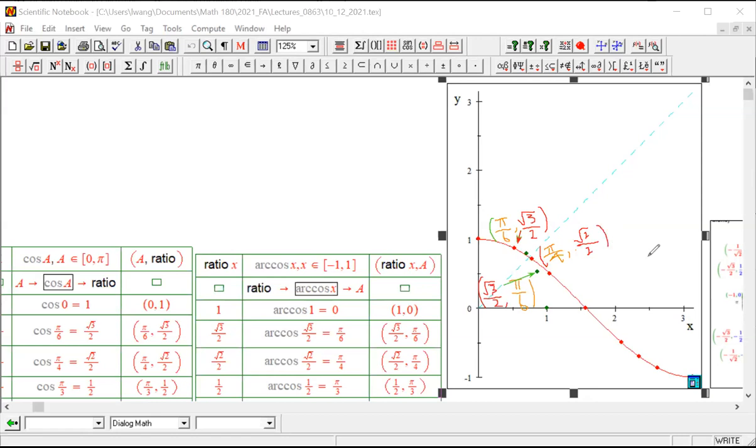If I'm in the classroom, I bet I will do a better job. Okay, the green dot here, this green dot should be marked as root 2 over 2, and I'll put the orange color pi over 4.